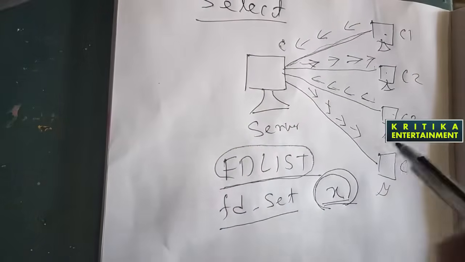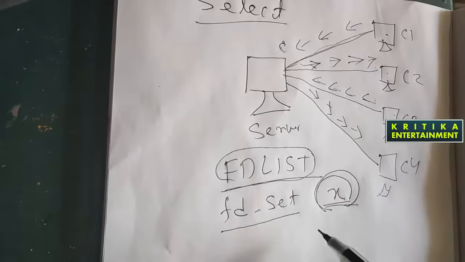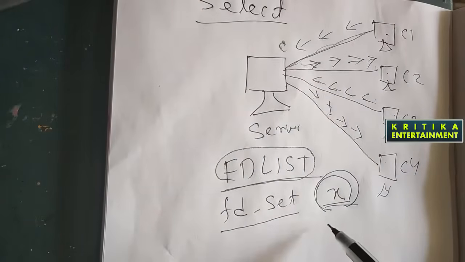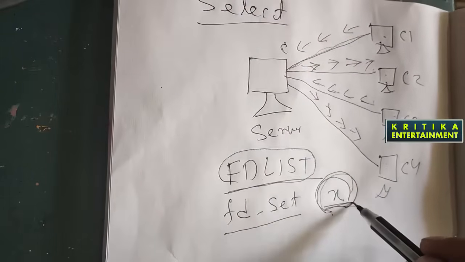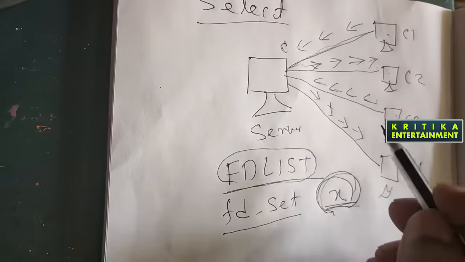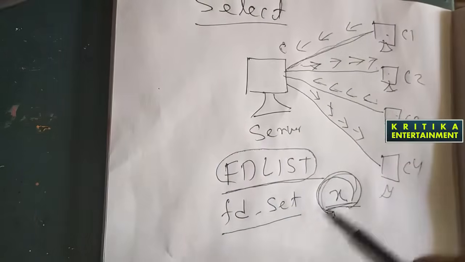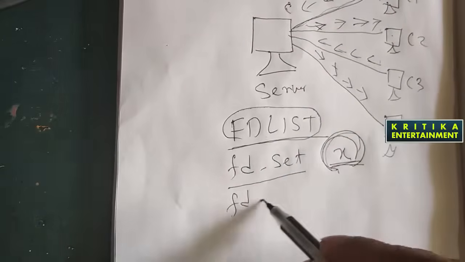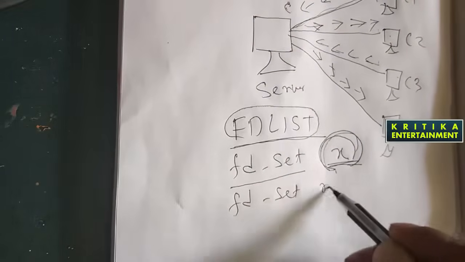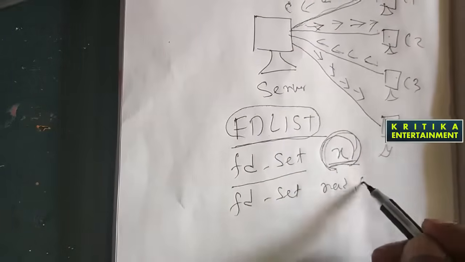So when we declare an fd_set, suppose we declare X. An fd_set means it will make an FD set. Suppose here I write a read fd_set and a write fd_set.